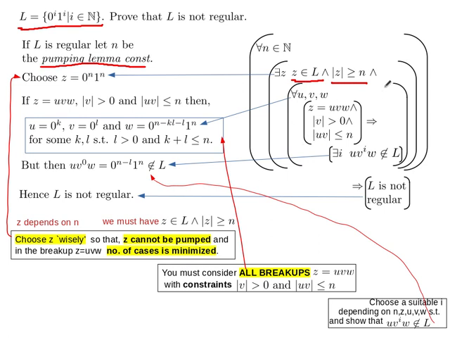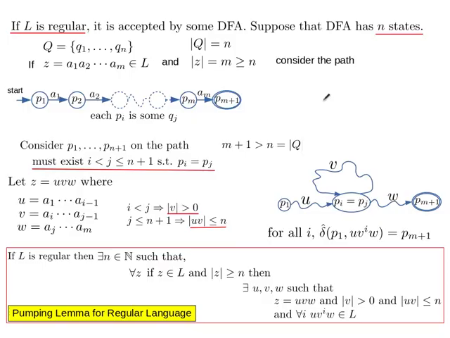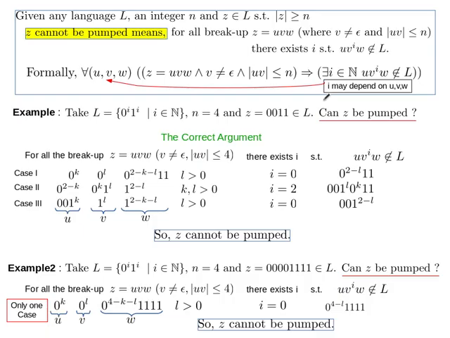So this whole thing. And in a previous example we showed that the number of cases for all breakups, since we need to consider all breakups, is sometimes very much simplified if we choose z accordingly.